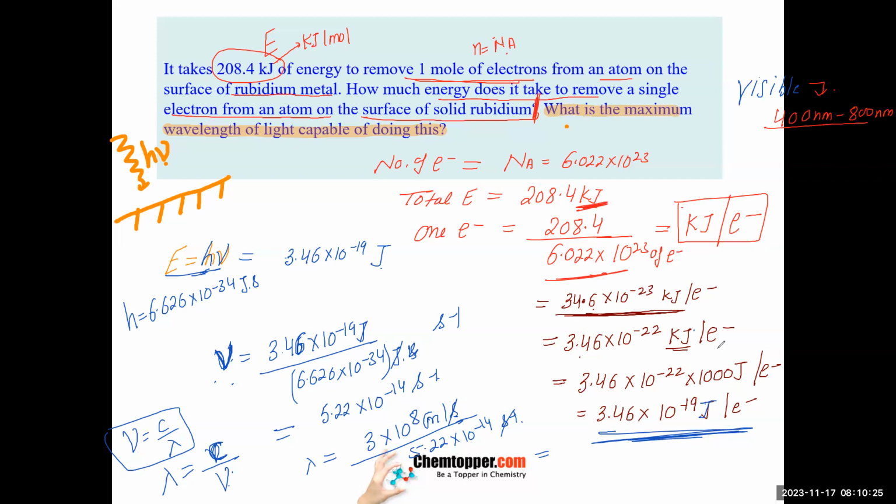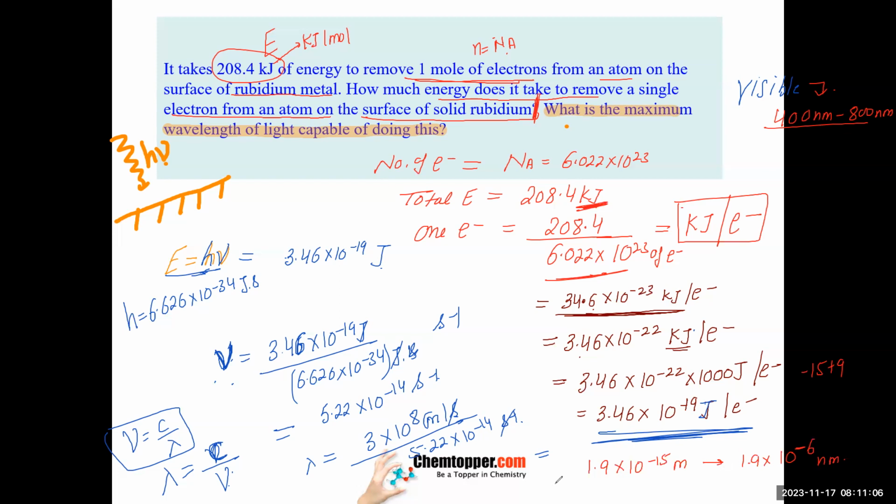So Anil is saying lambda is 1.9 times 10 raised to power minus 15 meters, which means 1.9 times 10 raised to power minus 15 plus 9 is minus 6, nanometer.